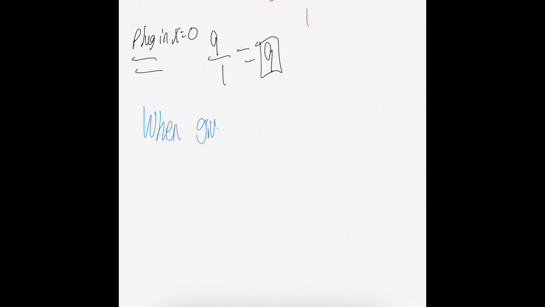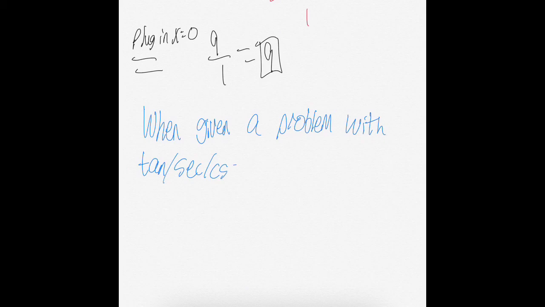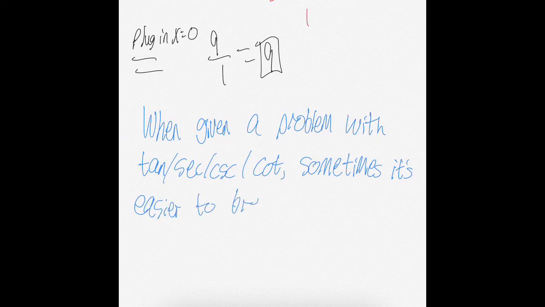So when given a problem with tan or secant or cosecant or cotangent, sometimes it's easier, not always, but sometimes, like in this case, it's easier to break things down into sines and cosines.